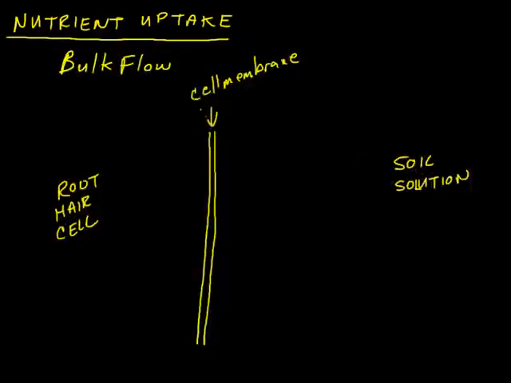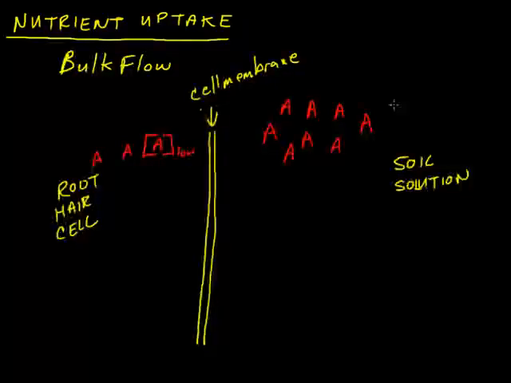All right, in the case of, let's say, hypothetical element A, we may have lots of A floating around out here in the soil. We may have much more A floating around in the soil solution than we do in the interior of the cell. And so in the case of A, let's say we've got a gradient from high out here in the soil to low inside of the root hair cell.